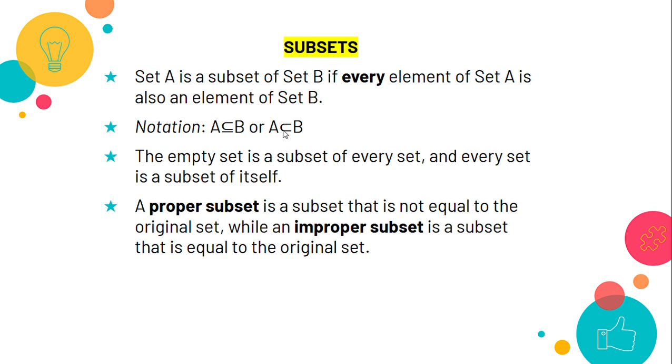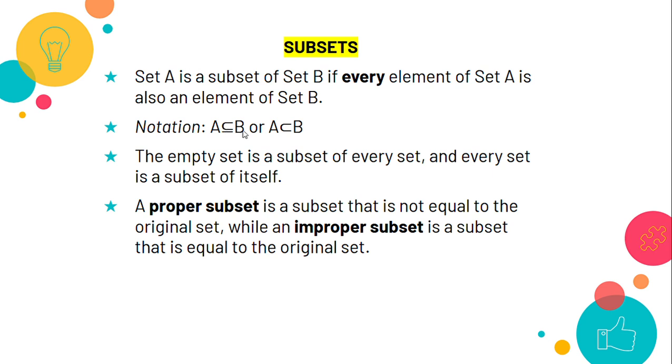So this second symbol here is the symbol for a proper subset, so it is read more correctly as "A is a proper subset of B," and the first symbol can denote improper subsets as well, and it's read as "A is a proper subset or an improper subset of B."